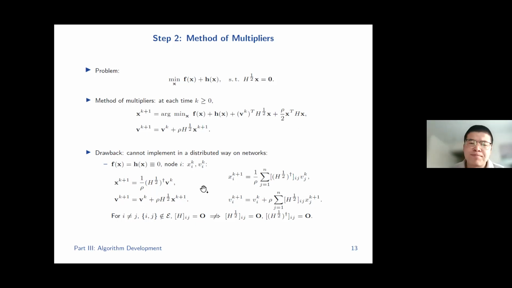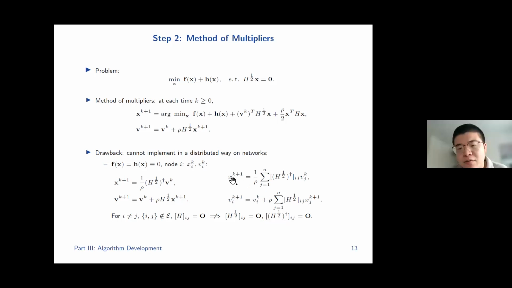So although previously we required the matrix H to have a sparse structure, which means that if i does not equal j and i and j are not neighbors, then the ij block of H is 0, the square root of H and the pseudo inverse of the square root of H do not have such a sparse structure.